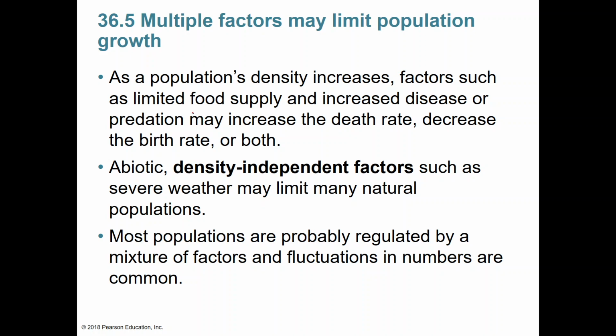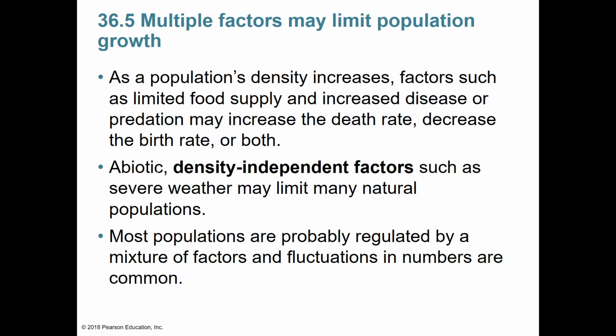So these things that we talked about here, the food supply and birth and death rate, those are density-dependent factors. Those are things that as a population's density increases, those kinds of factors may come into play as far as how the population is increasing or decreasing.